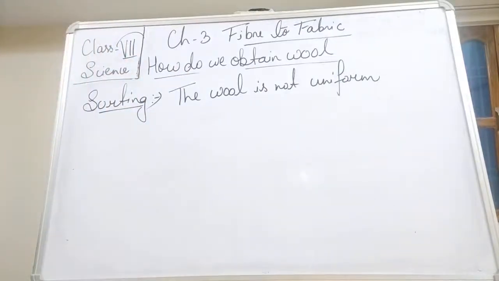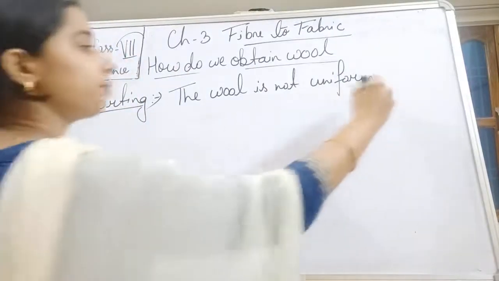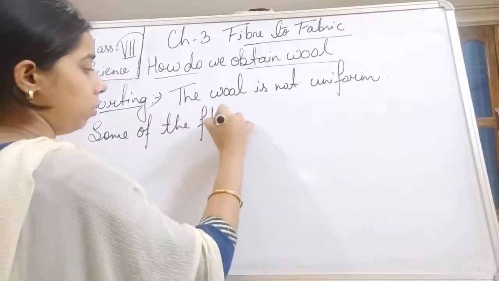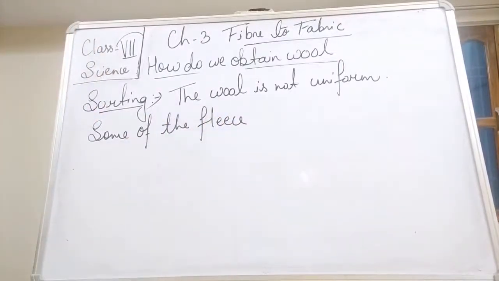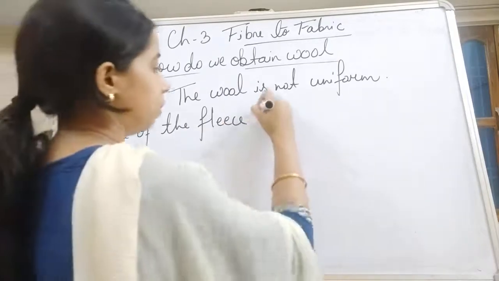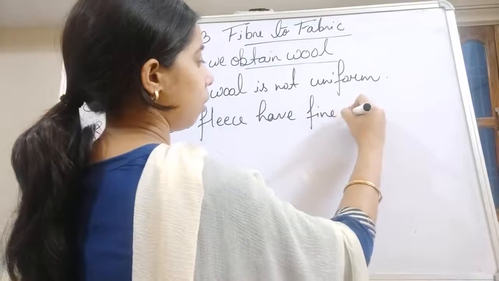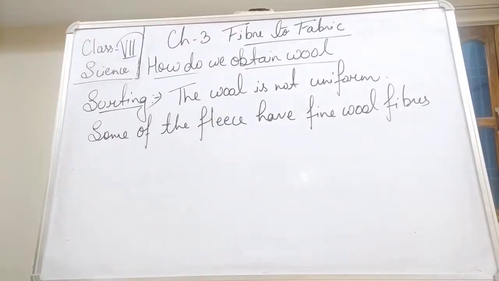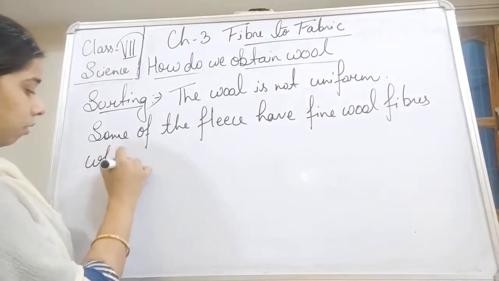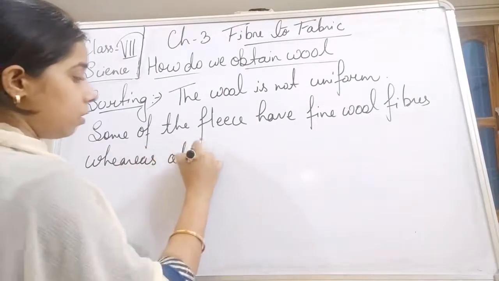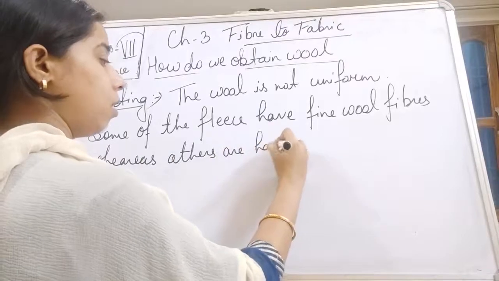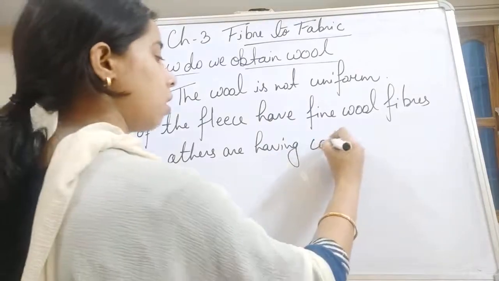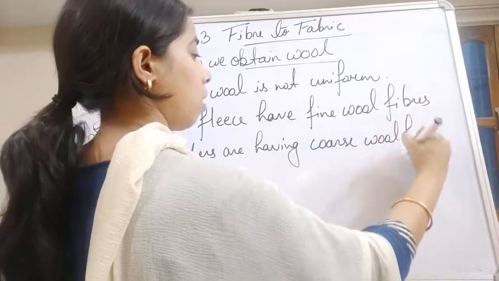It means some of the fleece have fine wool fiber, whereas others are having coarse wool fiber.